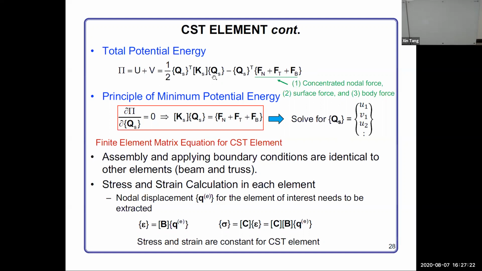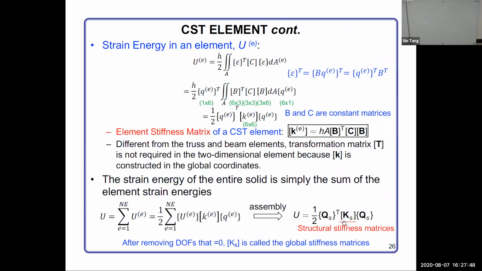For the strain energy term, it is the same. The strain energy term equals 1/2 Qs transpose, the degree of freedom matrix, times the global stiffness matrix Ks, times Qs. Okay, and this global stiffness matrix Ks equals the element stiffness matrix assembled across the whole solid.